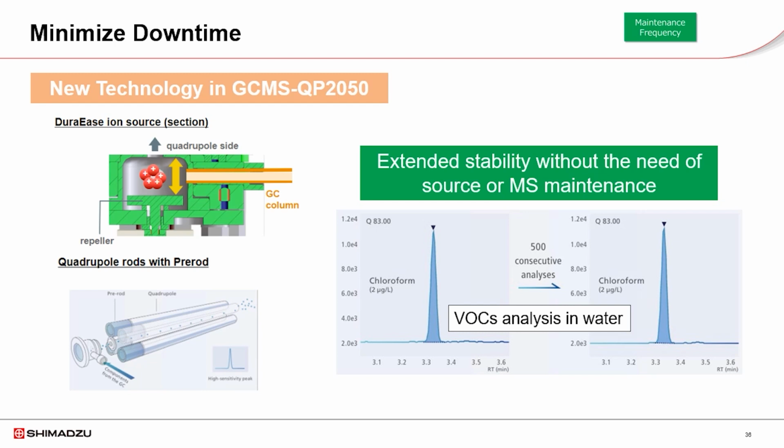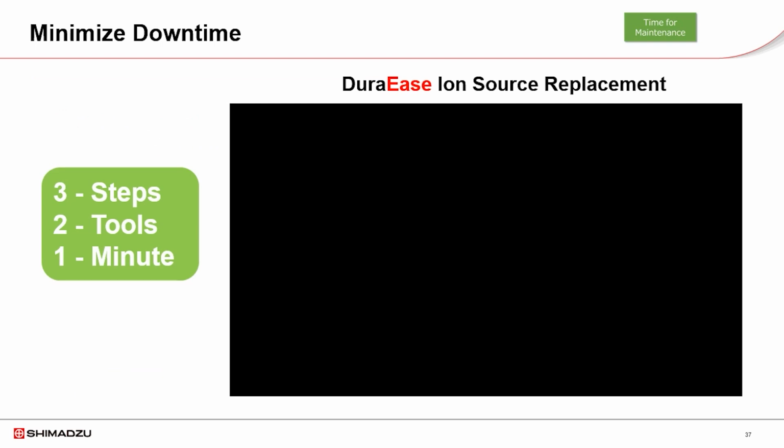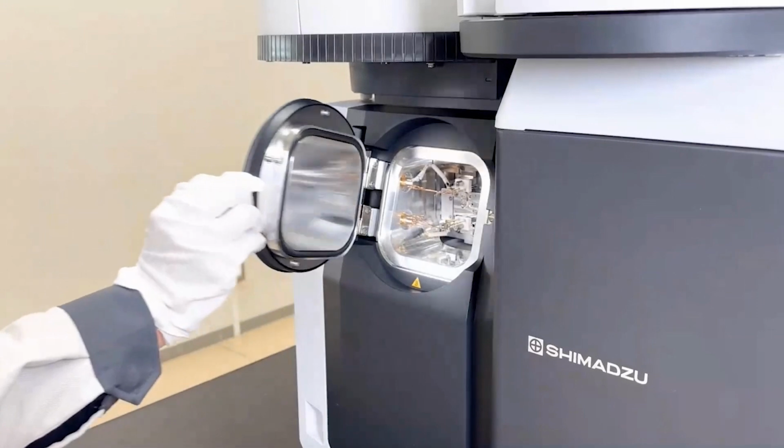Okay, let's look at the Dura-is ion source side. There are only 3 steps, 2 tools, and 1 minute to exchange the brand new GCMS Dura-is ion source. Let's check it. You just open the door at the front of the MS instrument, put in the jig to combine the lens and the box, loosen the 2 screws, and take it out.